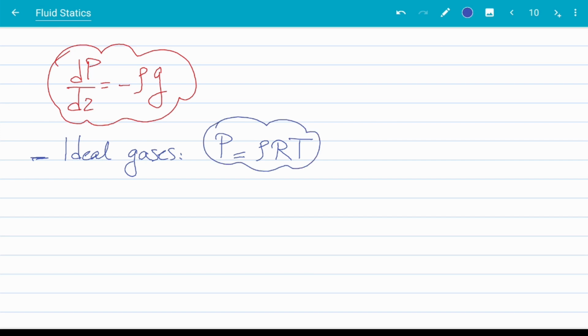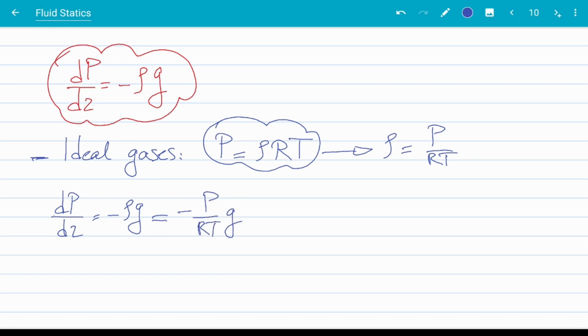So let's see how we can plug that into our main equation. I know that dp/dz is equal to negative rho g. From the ideal gas equation, I can say rho is actually p over RT. So let's plug that here: negative p over RT times g.